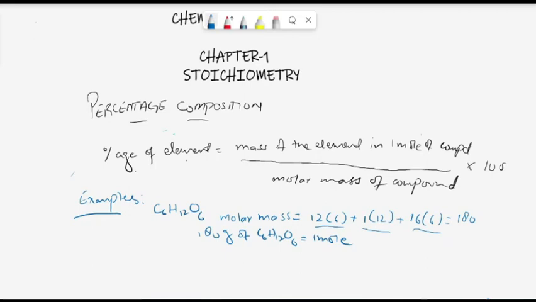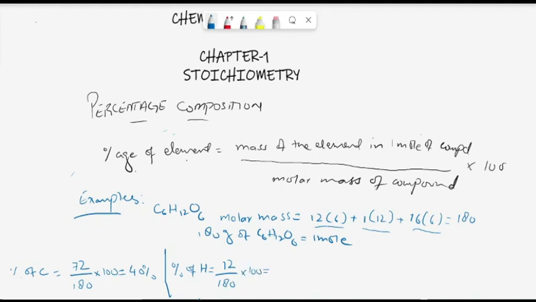But what will be the percentage of each of the elements? So the percentage of carbon in one molecule of glucose would be 72, which is the total mass of carbon present in 180 grams of glucose. Multiplying this with 100, we will get 40%. Percentage of hydrogen is equal to, so we have 12 grams in 180 grams of glucose.